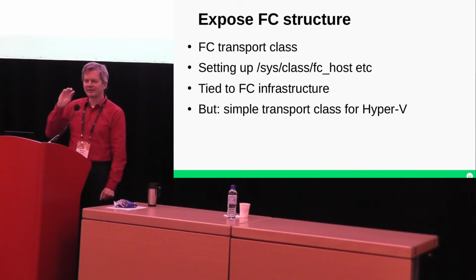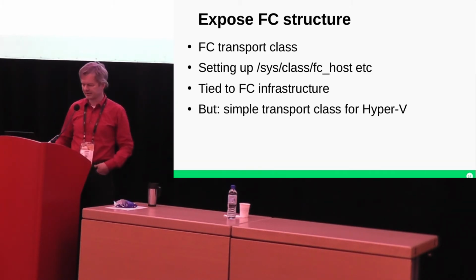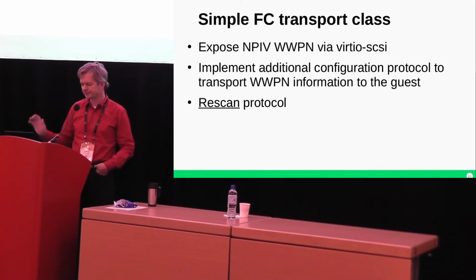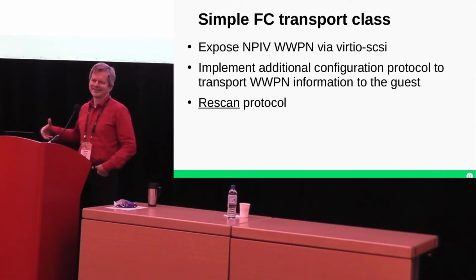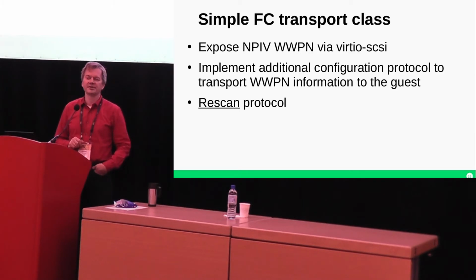So they had a very lightweight, simple transport class, which just required them to pass in the port names, and then they would see the Fibre-channel structure. And I said, hey, that's a good idea. Let's use it too for Virtio. So we could just use that and tweak virtio-scsi to return us the port numbers, because really that's all we need. And to do that, I've implemented a Rescan protocol.